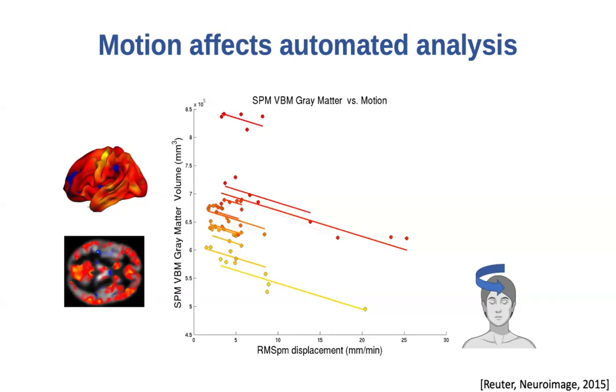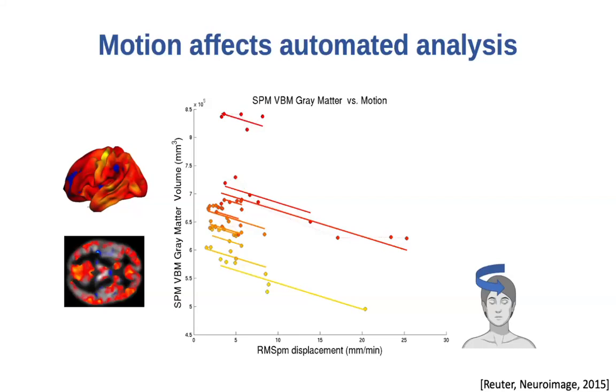And what we see is that with more head motion, the gray matter volume seems to decrease. So basically, if people move more, it looks like their brain gets thinner, the cortex gets thinner, they have less gray matter, which could be a sign of disease. But in fact, here it is just increased movement. And this is, of course, a bias that we want to avoid in our data.